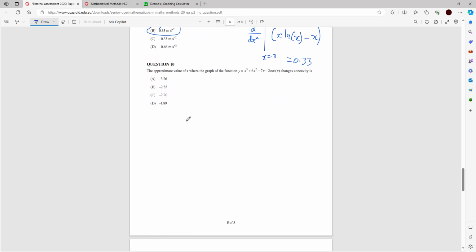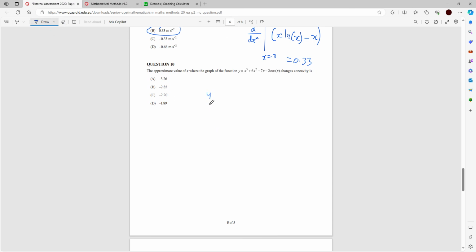Righto, so question 10. The approximate value of x where the function changes concavity. So, changes concavity is when the second derivative is 0, roughly, okay? So what we want to do is, alright, let's think about this. We have this function here. We could differentiate this a couple times to find its derivative, and then we could use solve-n, okay?